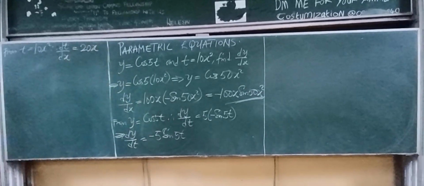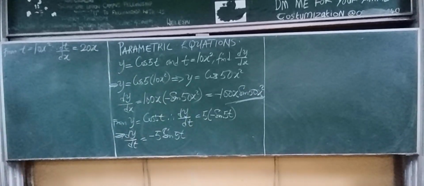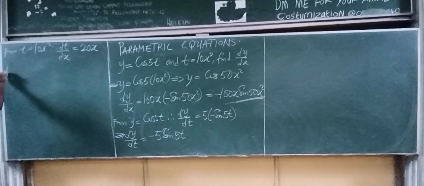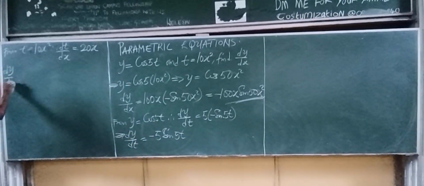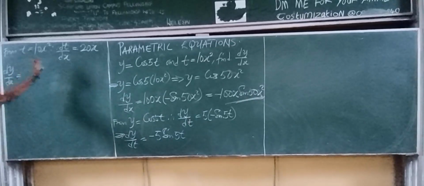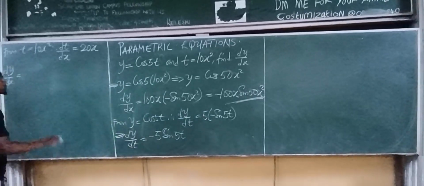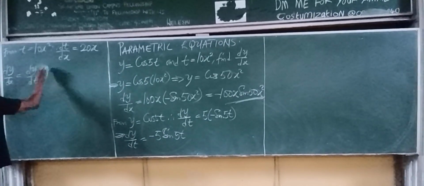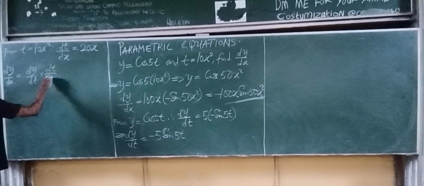So this becomes the derivative of t with respect to x, and from the chain rule, I know that dy/dx will actually come by multiplying these two derivatives together. So I have dy/dt multiplied by dt/dx.